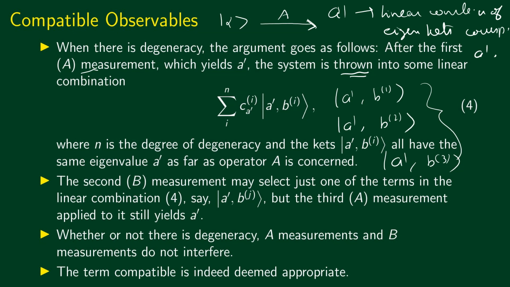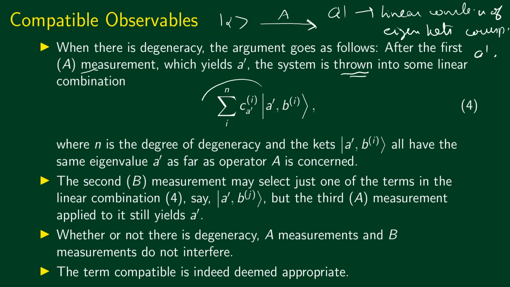Here n is the degree of degeneracy, and what we have done is that we have taken a linear combination of all the eigenkets corresponding to the eigenvalue A prime. That's what this summation means. There's a sum over i here, and i labels different eigenkets corresponding to the eigenvalue A prime.